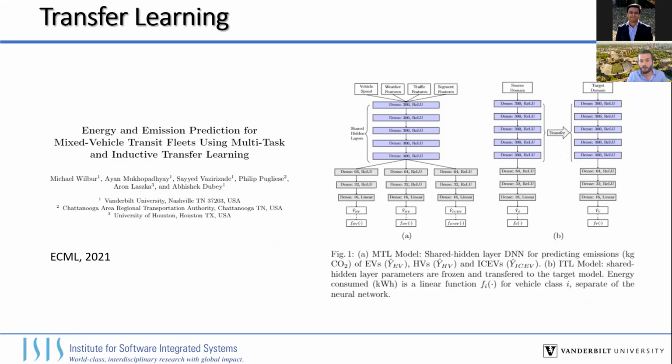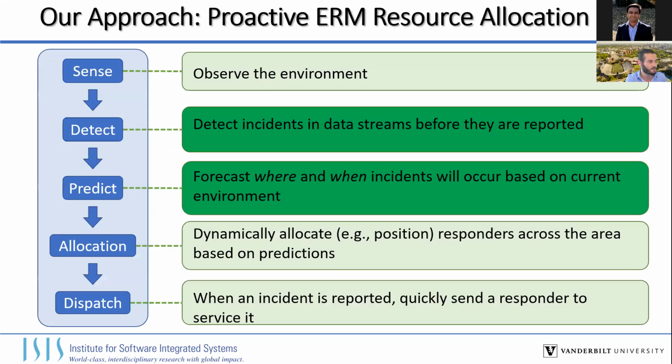So why don't we train a model in California and then transfer the model using transfer learning to Tennessee? We already have a paper using almost the same approach for predicting the energy consumption of EVs. So this time we are trying to use the same approach for incident prediction.